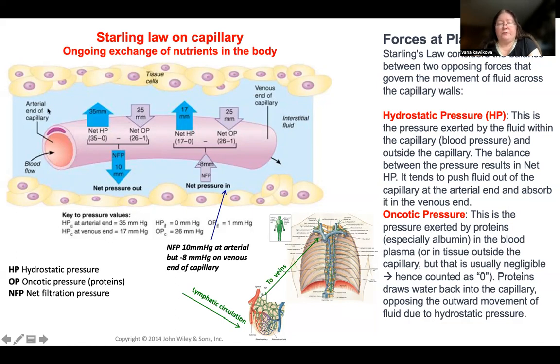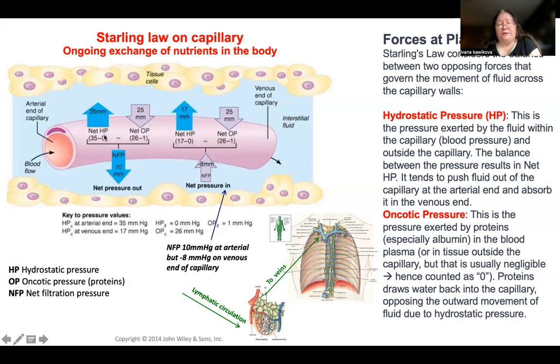But then we have also hydrostatic pressure of the tissue around the capillary, right? So hence they calculate net hydrostatic pressure, that in this case is mainly the pressure in the vessel and not much pressure around, which is considered zero.